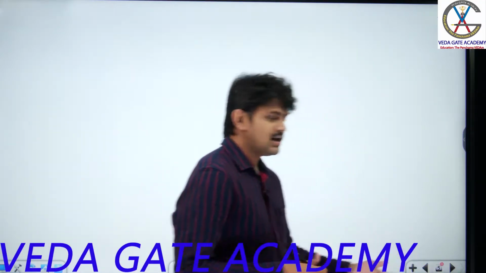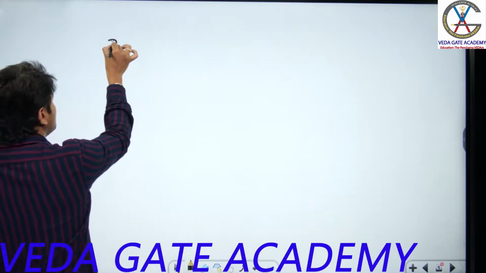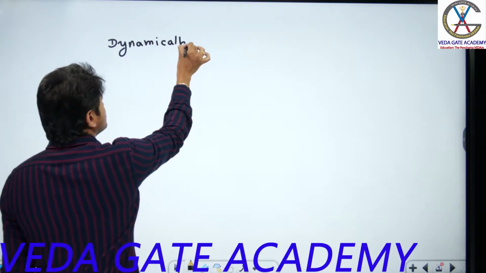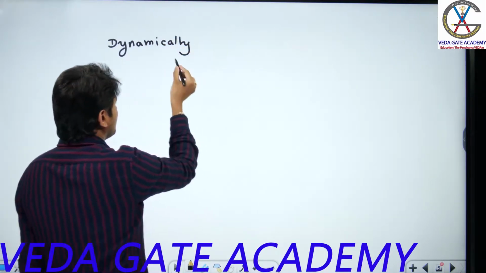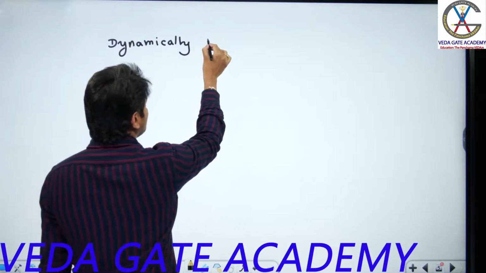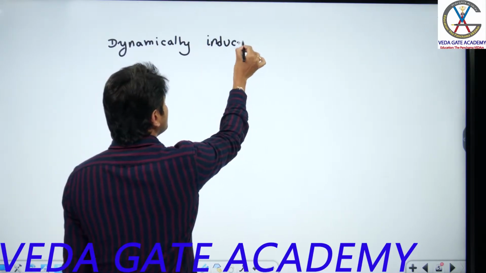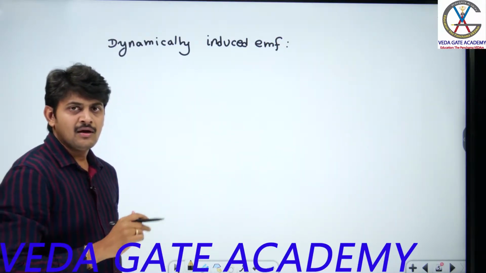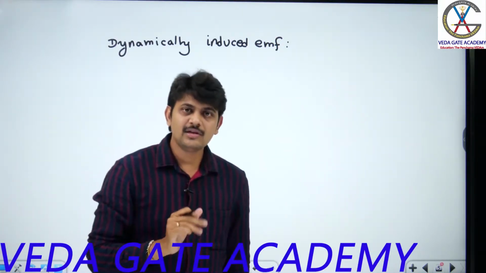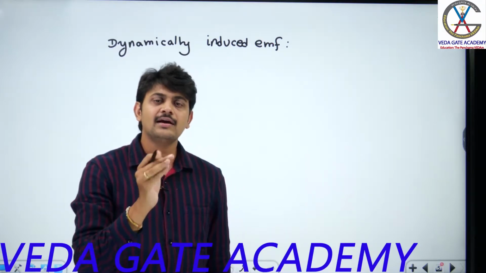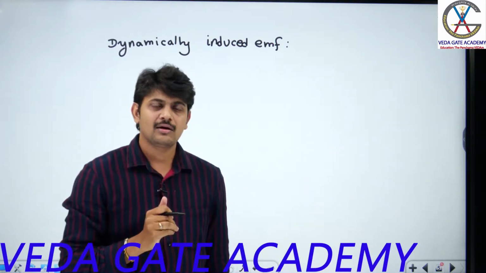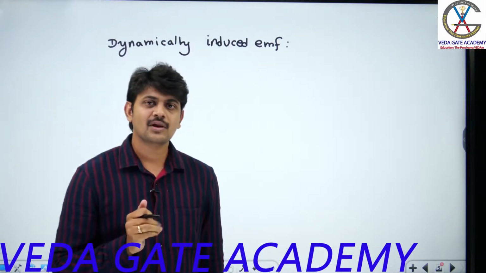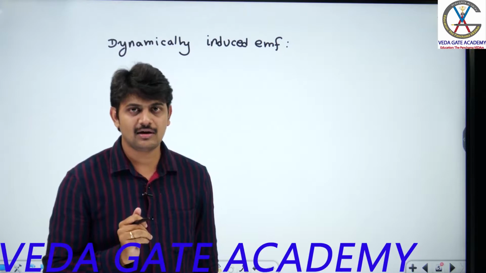In order to understand dynamically induced EMF, first I will give you the statement. All of you be careful while discussing this. According to this, whenever a conductor is moving inside a time invariant magnetic field, then the conductor will experience a change in flux linkages and EMF gets induced across the conductor.